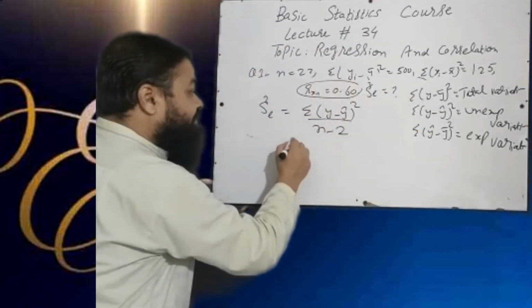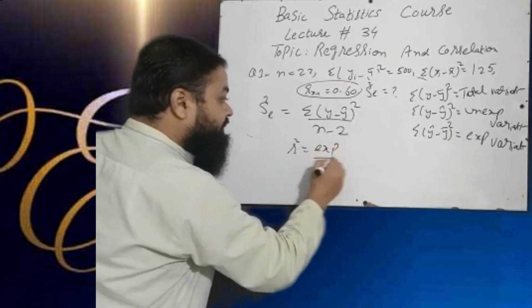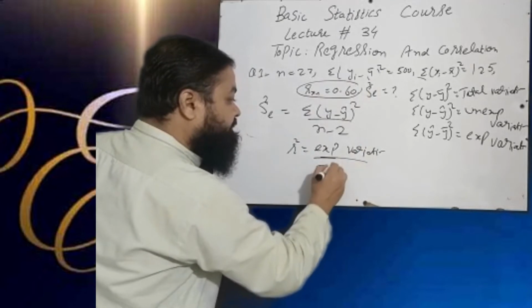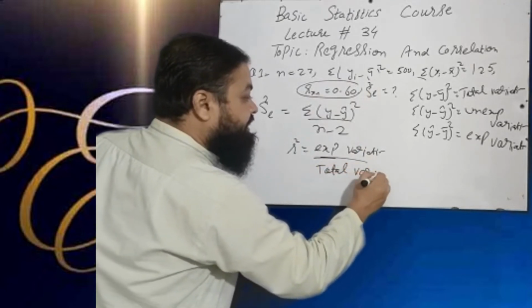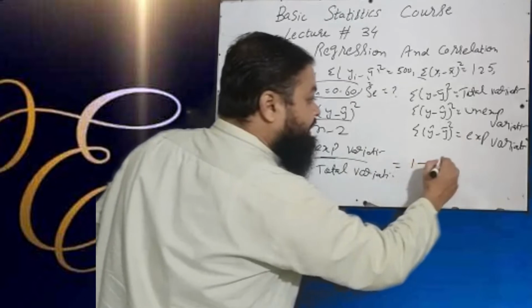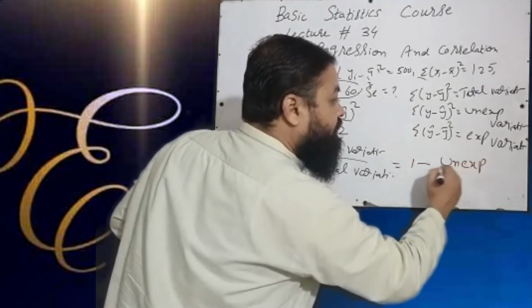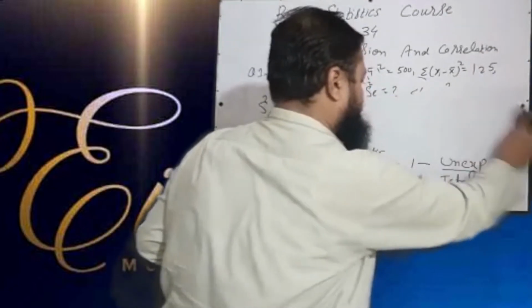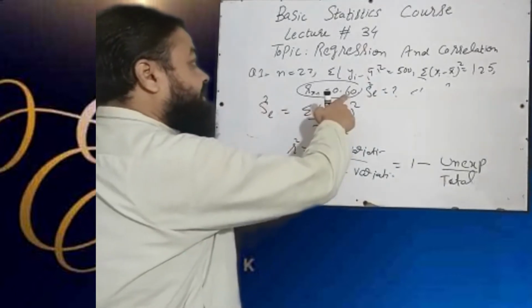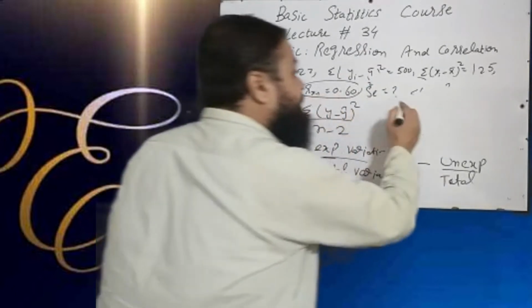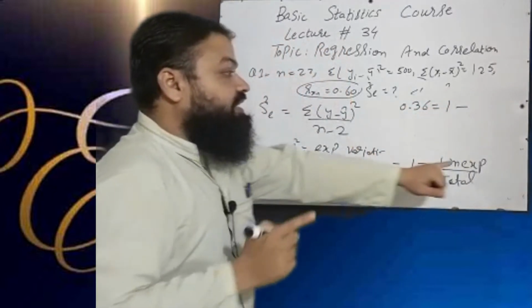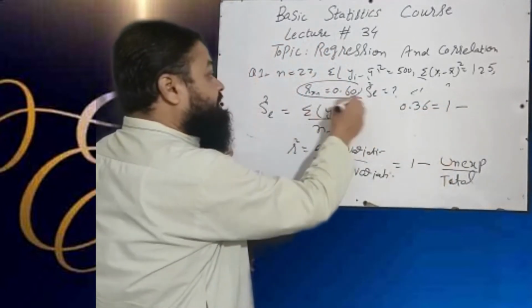We know r square is equal to explained variation over total variation, and that can also be written as 1 minus unexplained over total. Now just substitute the values. r is 0.6, the square of 0.6 is 0.36, is equal to 1 minus the unexplained variation, and that is our target actually.